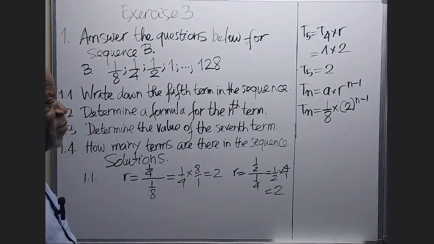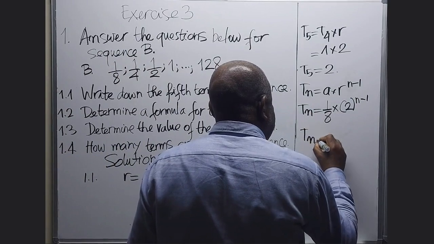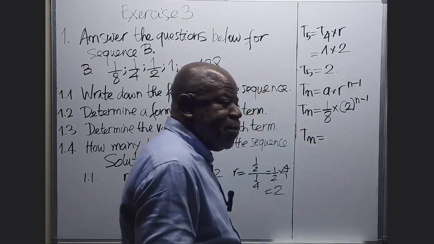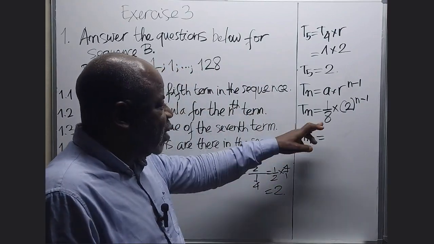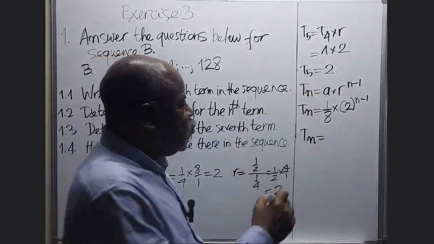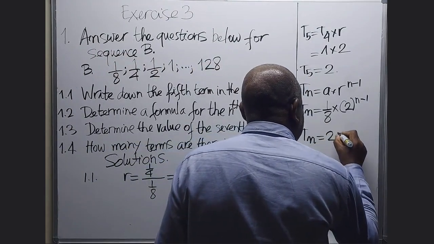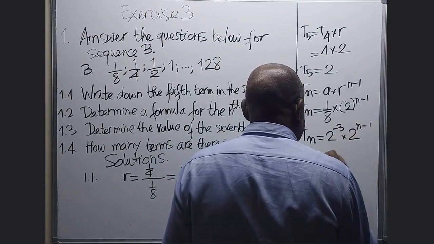There is also a simple way of writing this general term. Tn will be equal to, remember 8 is 2 to the power of 3. So as 8 is at the denominator, passing it to the numerator, it will be 2 to the power of -3 times 2 to the power of n minus 1.